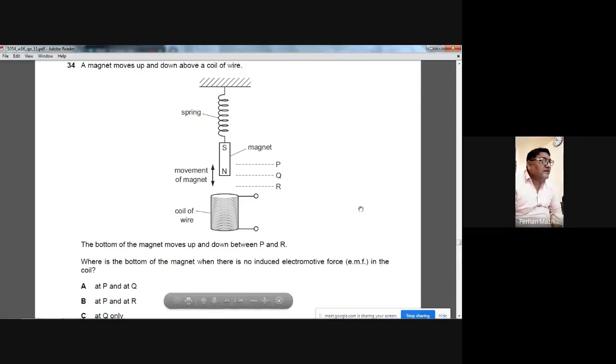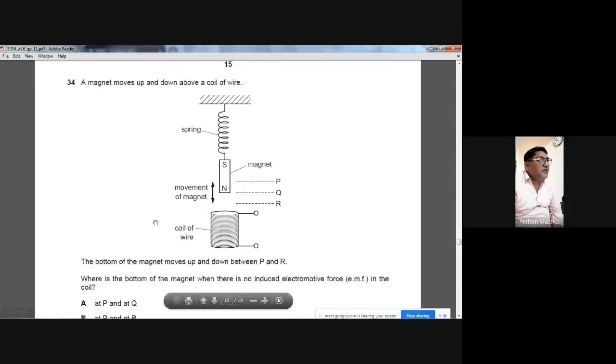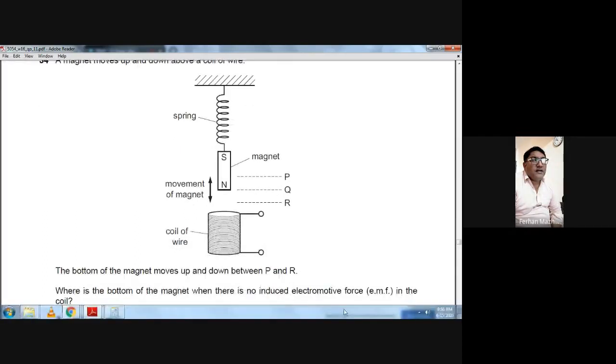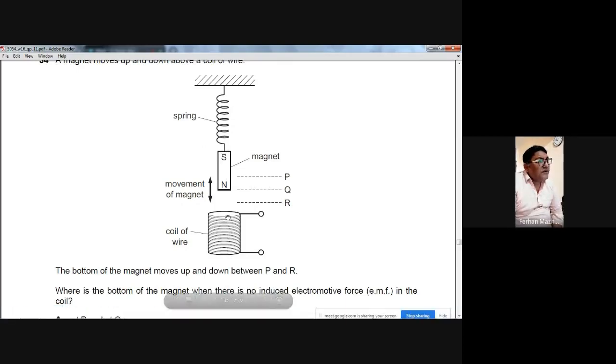You see in this assembly here, this will vibrate up and down. This is a coil, that's a bar magnet, and it will vibrate up and down. So current will be induced in this coil.